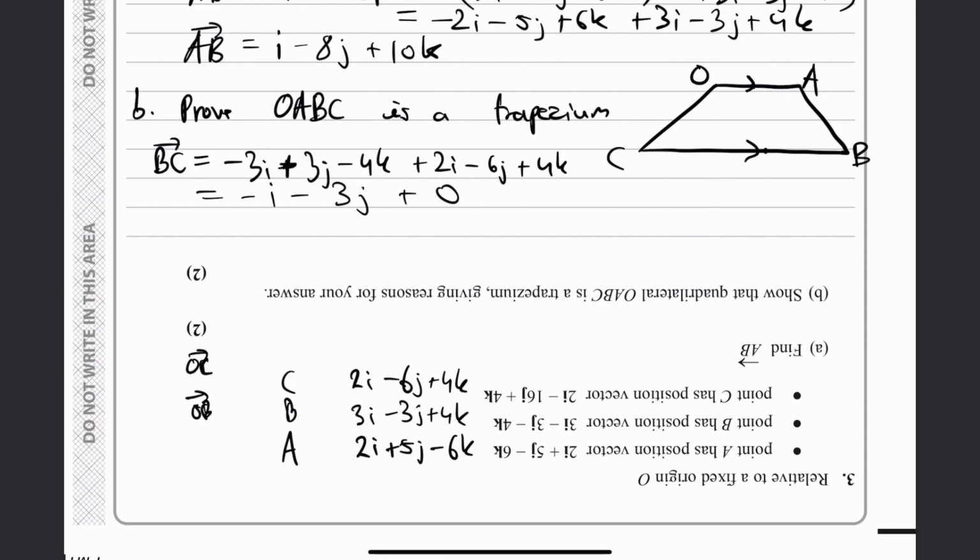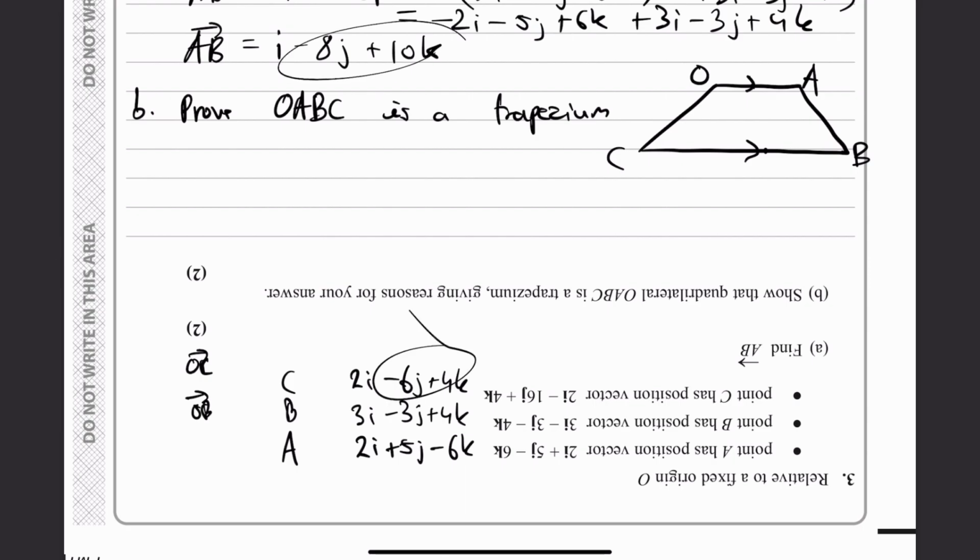Let's continue. In a trapezium, there's going to be two parallel sides. In our case, if we've got AB, then OC has to be parallel to that. But I don't think it is. This is not a scalar multiple of that.